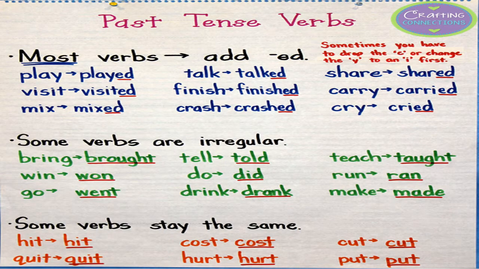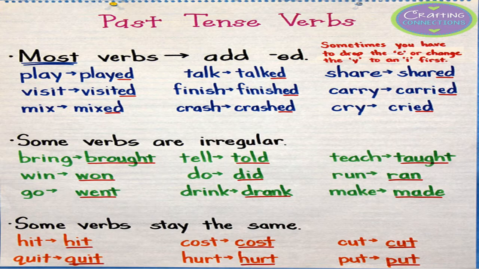As we said, past simple, we use it to talk about actions that happened in the past. Okay, for example, I played tennis yesterday. They went to school yesterday. There are two kinds of verbs in the past simple tense.